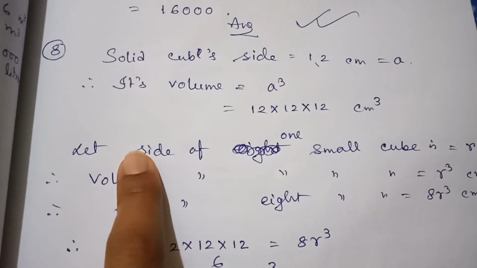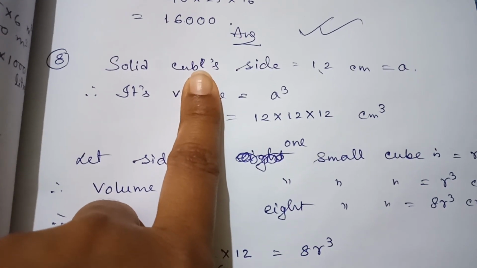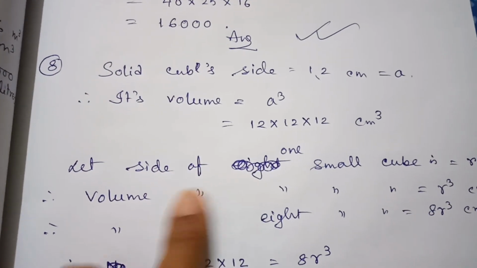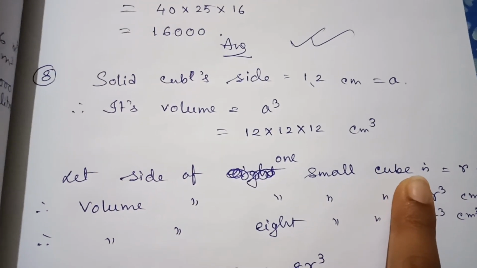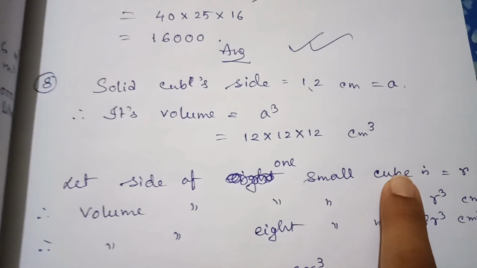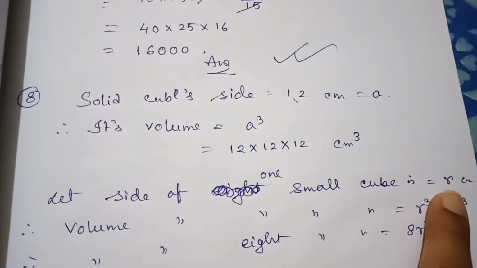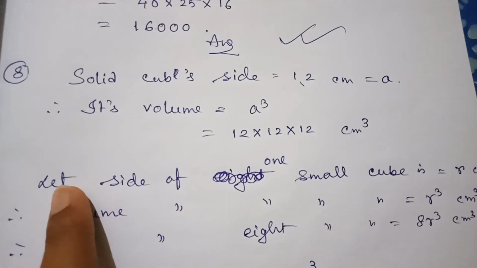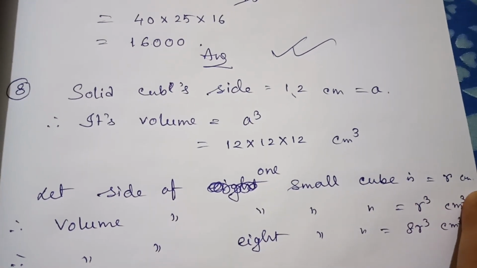So now this solid cube will be broken or melted, then 8 small cubes are formed. We have to find out those small cubes' side length. So we are taking the side of one small cube as r centimeter.